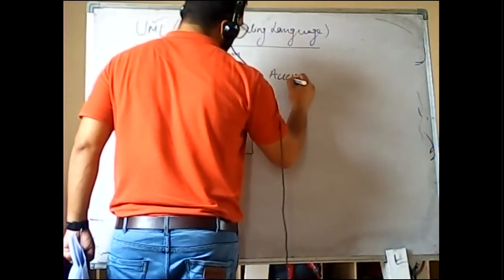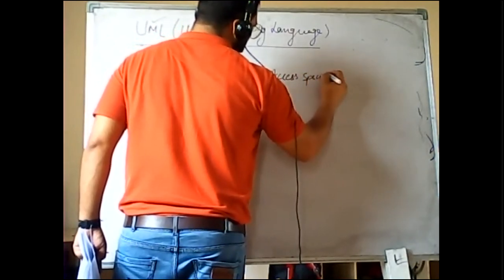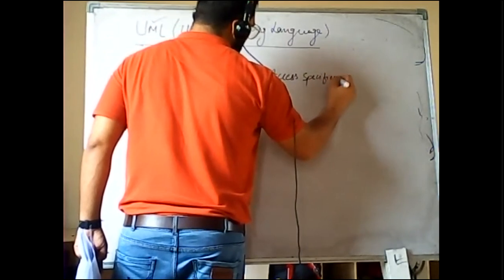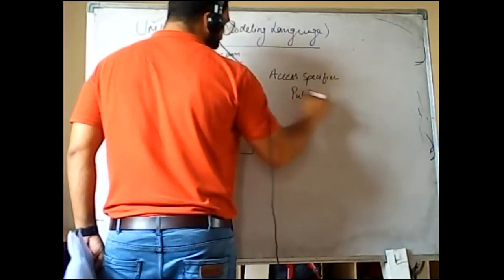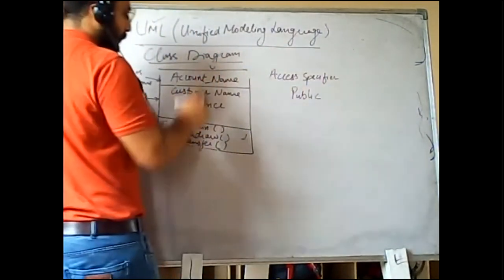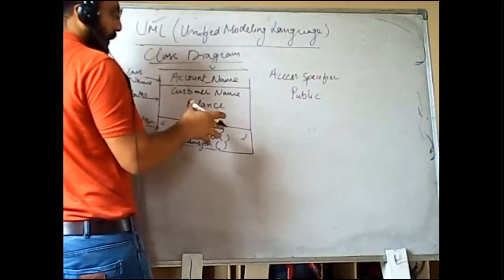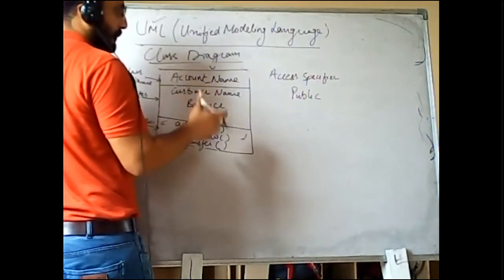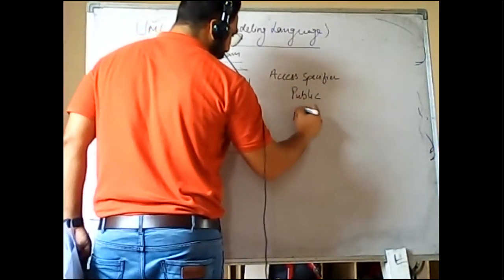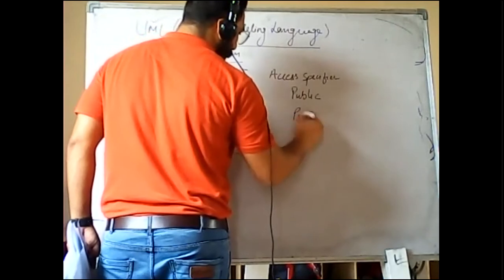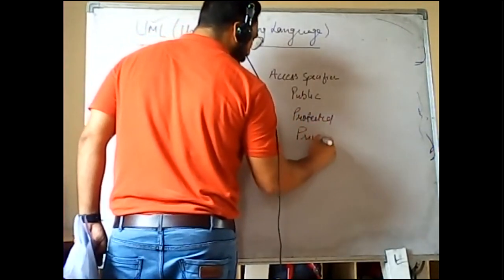In your class diagram, there are also access specifiers. We have studied that there are access specifiers. And what are they? The first is public. That should be kept in mind while drawing this diagram: which data member is public, which is private, which is protected. First specifier is public, then protected, then private.